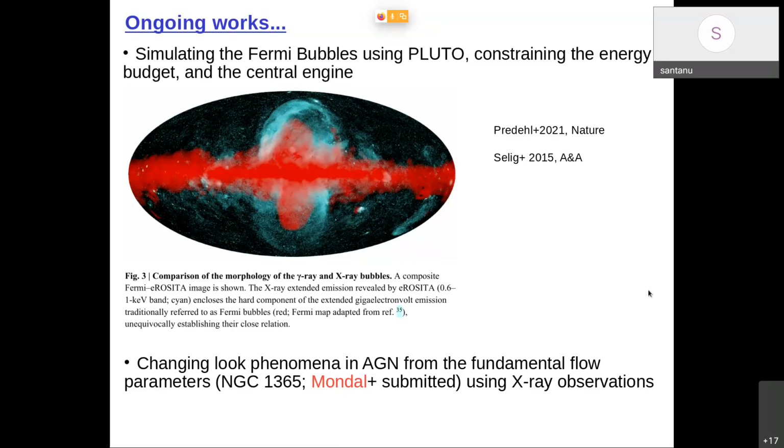So we studied this AGN, NGC 1365, and found that when the accretion rate increases, the hydrogen column density along the line of sight is low, and we derive that this can be due to the failed wind scenario of winds coming from the disk.